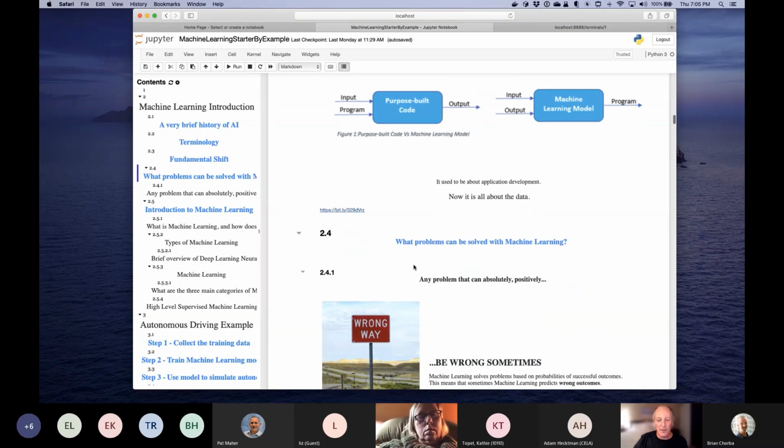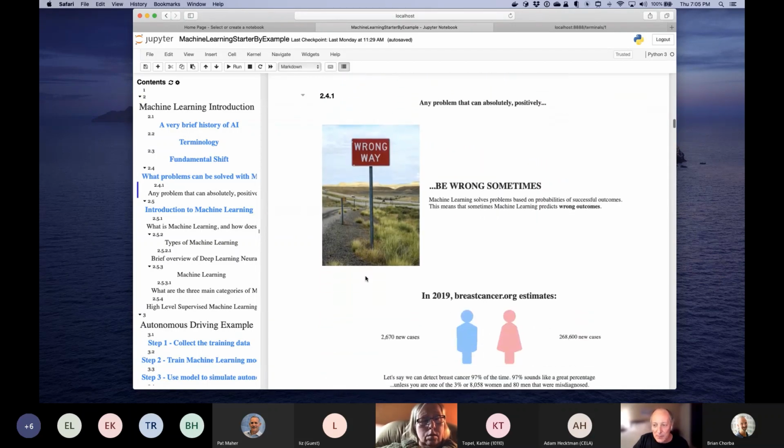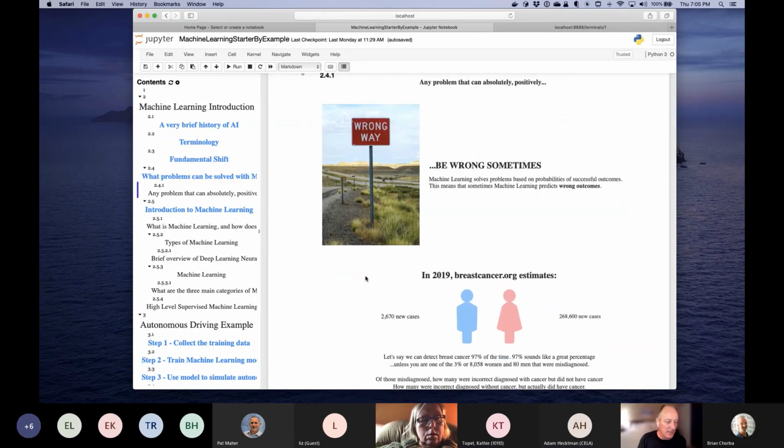And so what kind of problems can be solved with machine learning? I like to say this all the time: any problem that can absolutely, positively be wrong sometimes. We've talked to numerous clients because they don't have an awareness yet of what this technology is, but machine learning revolves around probabilities.